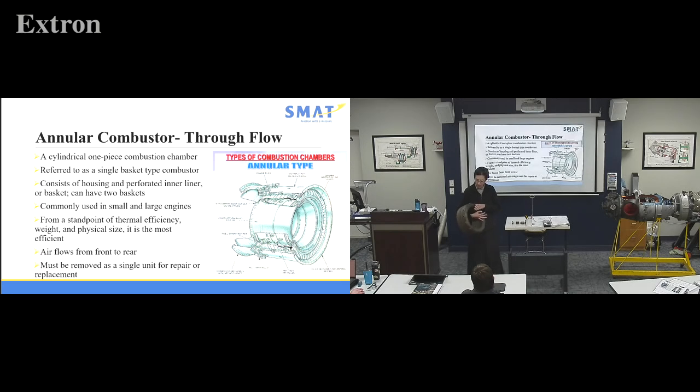You're going to see all the areas where air is entering and how it's keeping the flame front centered around the whole thing, so the flame's not touching the metal. And then our areas for fuel nozzles, and I'm thinking this might be an igniter hole.